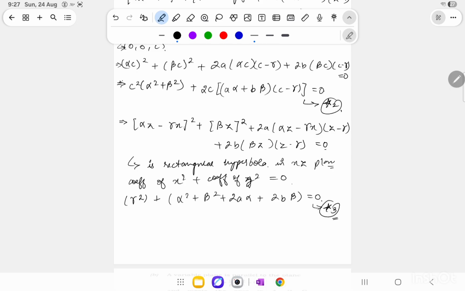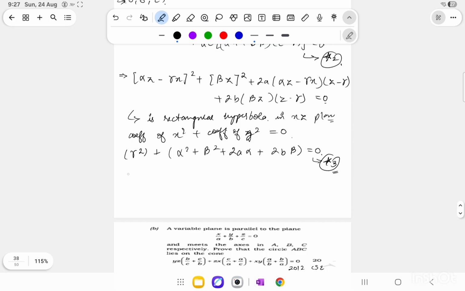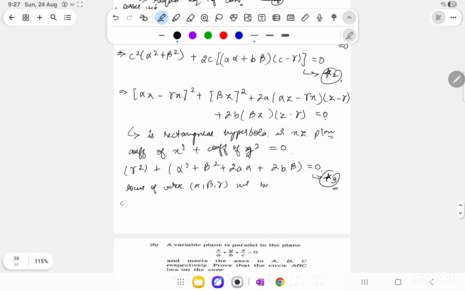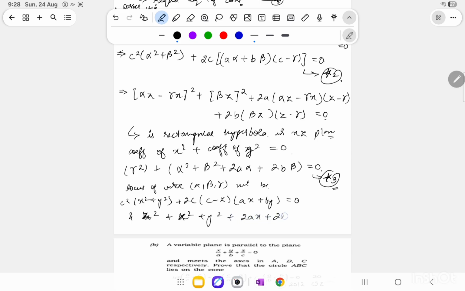My locus of the vertex (alpha, beta, gamma) will be c square into (x square plus y square) plus 2c into (c minus z) into (ax plus by) equals 0, and z square plus x square plus y square plus 2ax plus 2by equals 0.